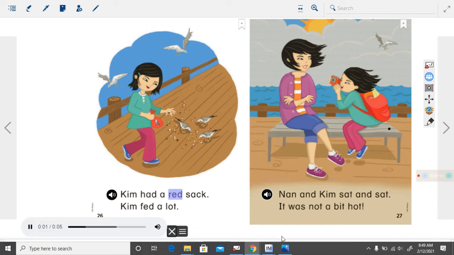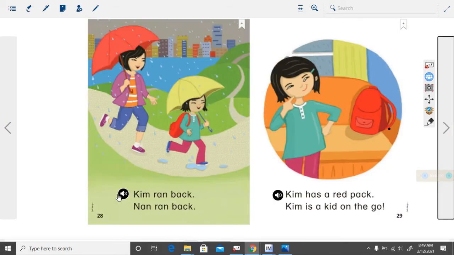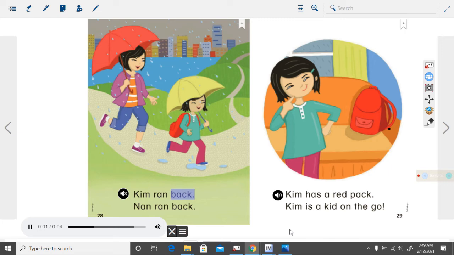Kim had a red sack. Kim fed a lot. Nan and Kim sat and sat. It was not a bit hot. Kim ran back. Nan ran back. Kim has a red pack. Kim is a kid on the go.